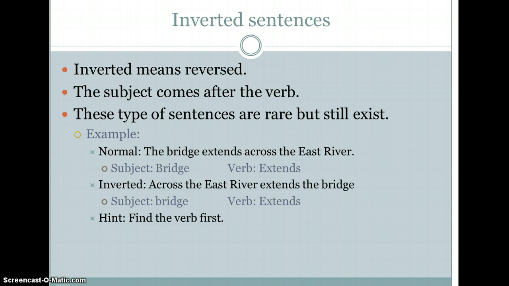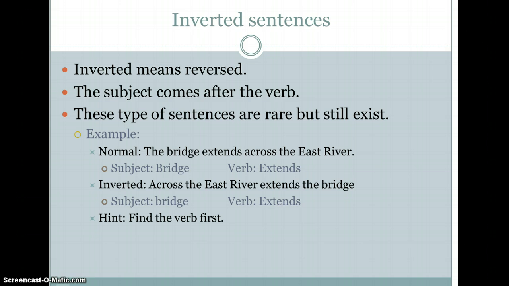So example, and this is from your textbook, the bridge extends across the East River. Who or what is the sentence about? It's about the bridge. What about the bridge? What does it do? It extends. Okay, that's our normal sentence. Now inverted, across the East River extends the bridge. Now this is where some people would say, well, the subject would be East River. And what does the East River do? It extends. No, it doesn't. A river, we're talking about the bridge. We're not talking about the East River.